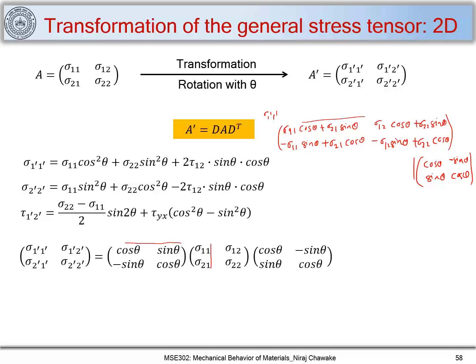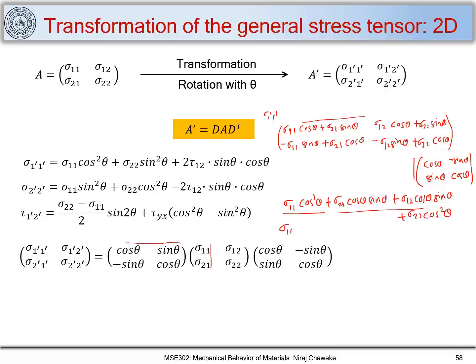Now let me multiply by this. So I just take the first product: sigma 1 1 cos square theta plus sigma 2 1 cos theta sin theta plus sigma 1 2 cos theta sin theta plus sigma 2 2 cos square theta. Now you can see here I have this term and I can add this term.